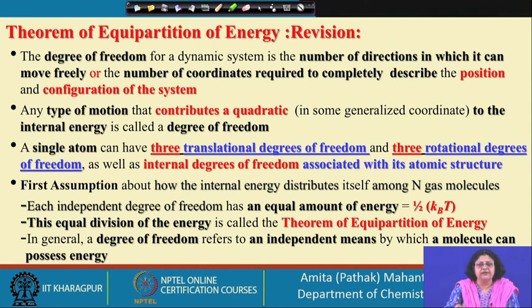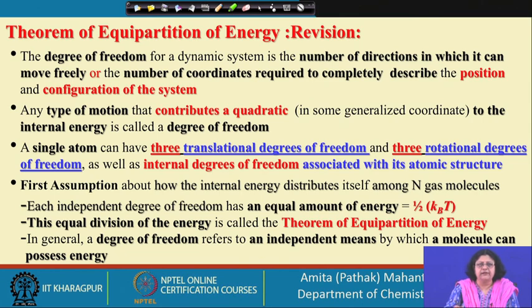And how the energy is distributed in the degrees of freedom will depend on the type of molecule we are talking about. If we have a monoatomic molecule, or a complex one with more than one atom, like a diatomic molecule, we had treated that as a complex molecule and discussed it in the last class.